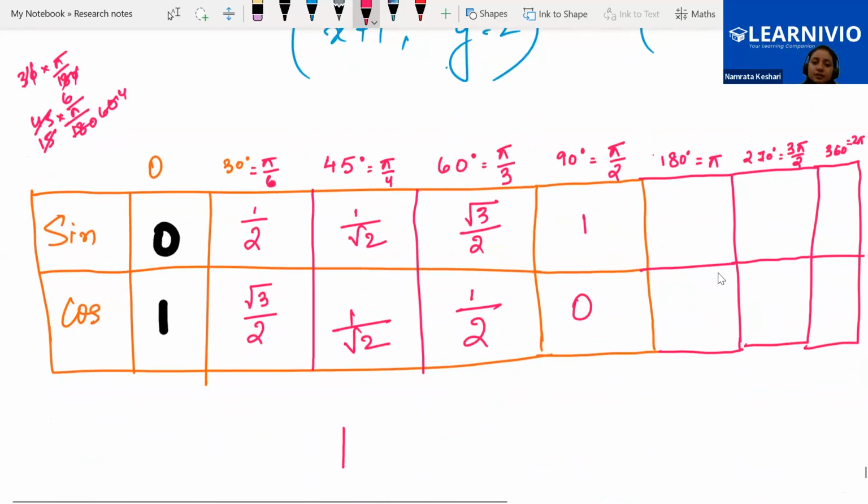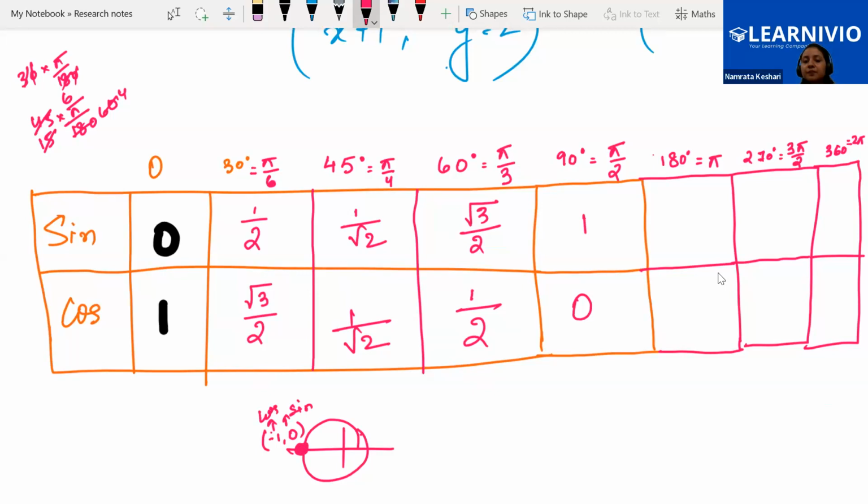Now, what about pi? Pi means if we draw a unit circle, pi means a point over here, and that point's coordinate is x is -1, y is 0. X means cos and y means sine. Now tell me what is cos pi? Ali and Alina, what is cos pi?